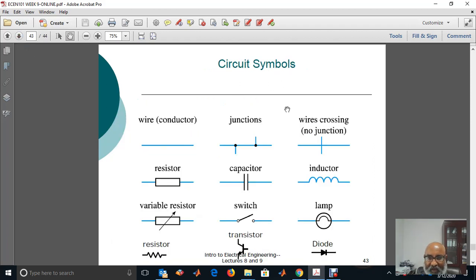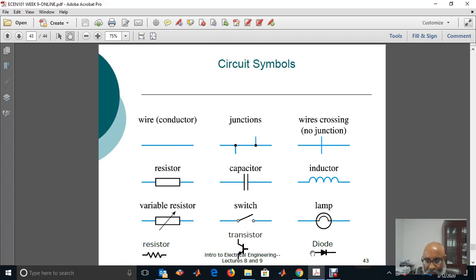Okay, now these are the extra circuit symbols that we studied in the previous lecture. A wire is like this, and for a resistor, the symbol is this: a capacitor, inductor, variable resistor, switch, lamp, and transistor. A transistor has three terminals here, 1, 2, 3.